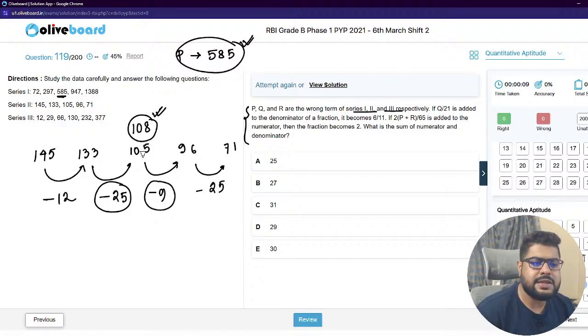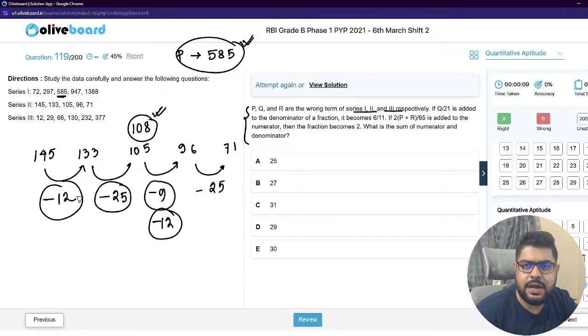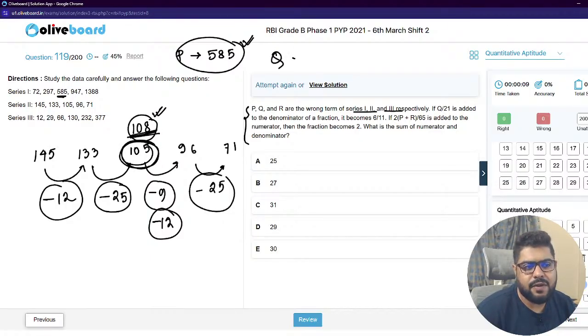If this is the case, 108 and this will become sir how much sir, 8 here and 4 here, yes sir, 12 here. You see then the pattern follows sir, -12 -25 -12 -25 and so on. So this 105 is wrong. The correct should be 108. So meaning the value of Q is 105.